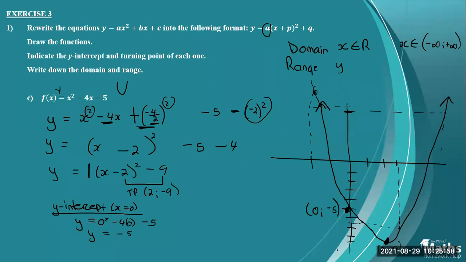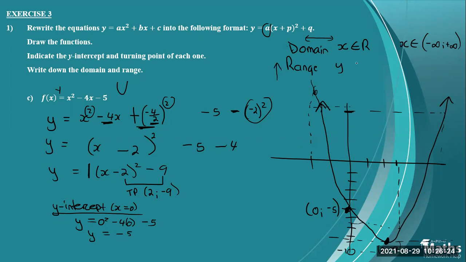But down here, just below -9, it will be impossible to find an x value, because -10, for example, will not touch my graph. With domain, you always look at the x values from left to right. But for range, you look at the values from the bottom going up.